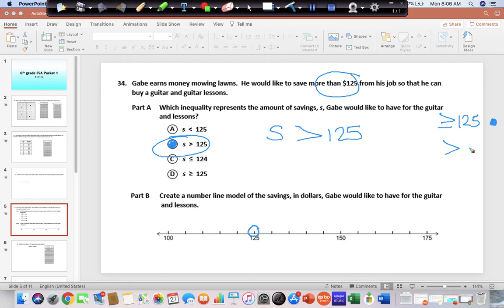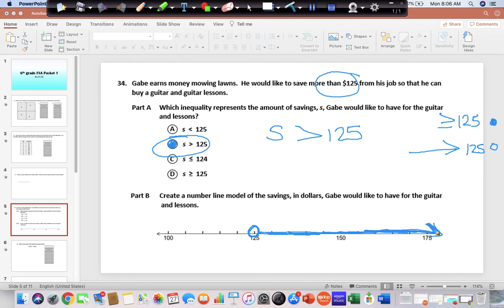But because this is just greater than 125, we want an open dot on 125. And then it says it's greater than. Greater than is going in this direction, so we need to shade all of the numbers that are greater than 125. So you would be shading in this direction.